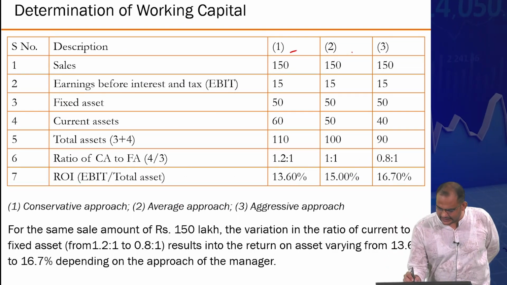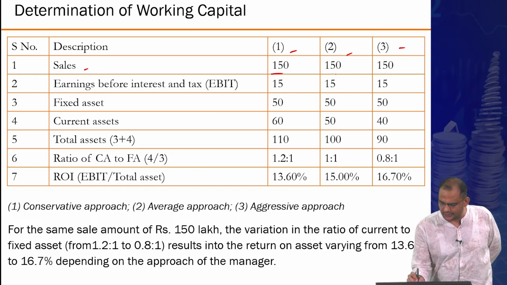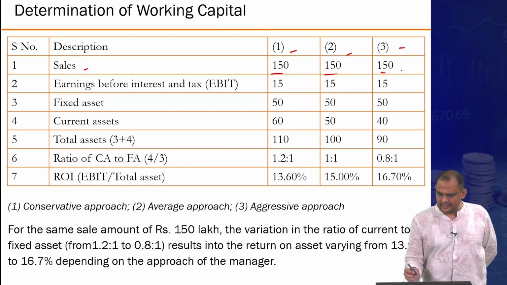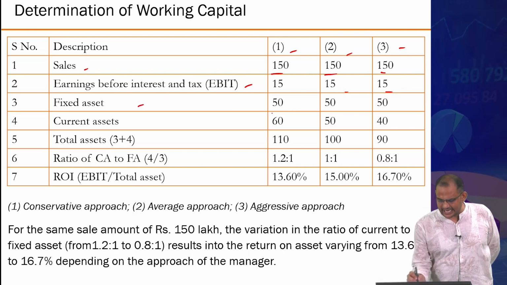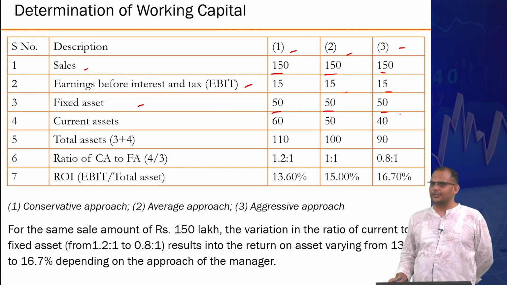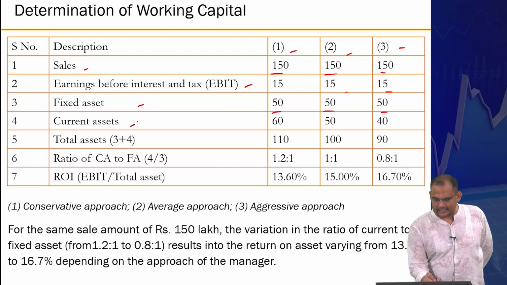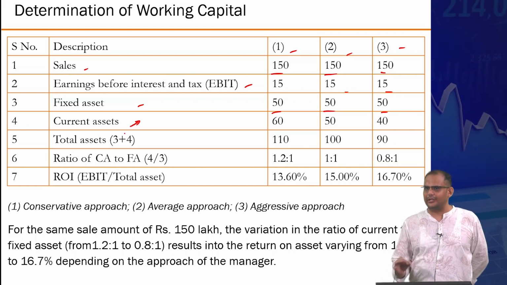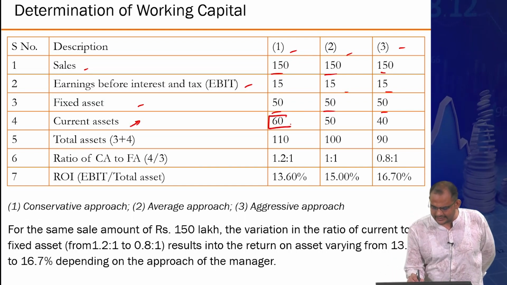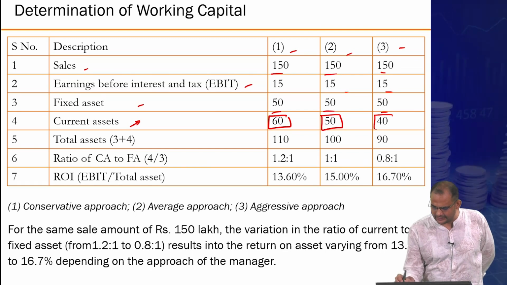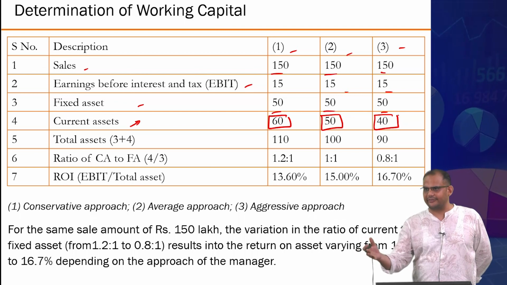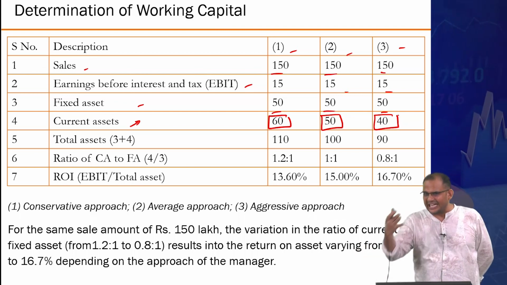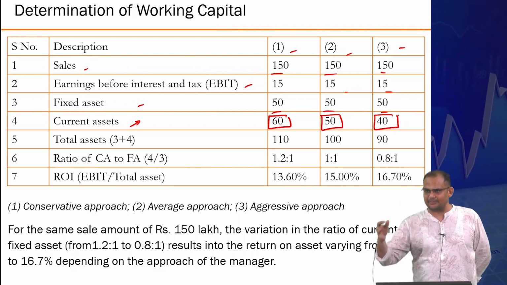So let's say there are 3 types of managers. The total sales has been given to you. Earning before taxes is also the same for all. The fixed assets in all those cases were also the same, right? The current assets are different for the 3 managers. In one case it is 60, another case is 50, third case it is 40. So manager 3 is the most aggressive in that sense because they are trying to reduce the current assets as much as possible.